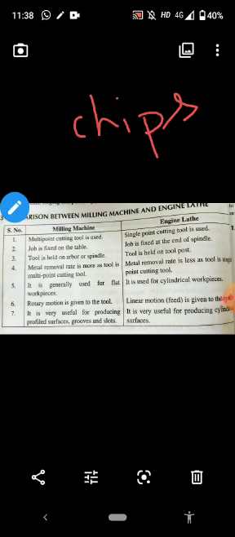Next difference, in case of a milling machine, rotary motion is given to the tool. In case of an engine lathe, linear motion or feed is given to the tool. Last difference is a milling machine is useful for producing profiled surfaces, grooves and slots, whereas an engine lathe is used for producing cylindrical workpieces.